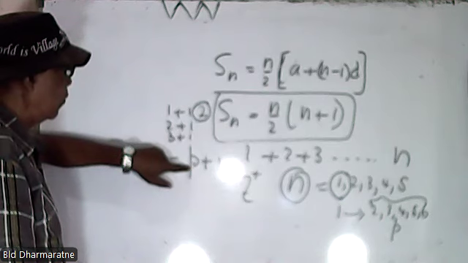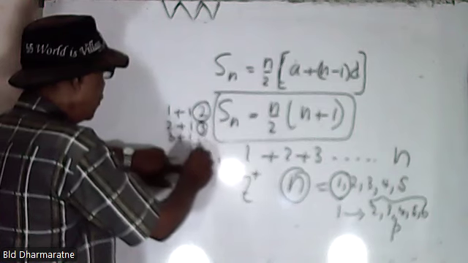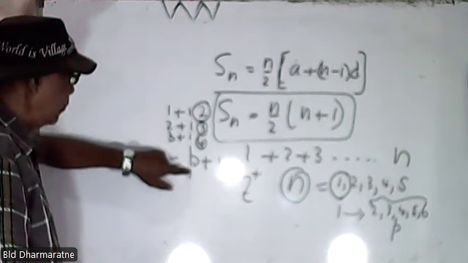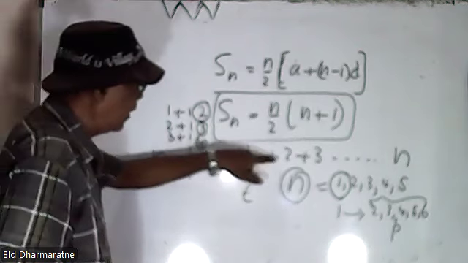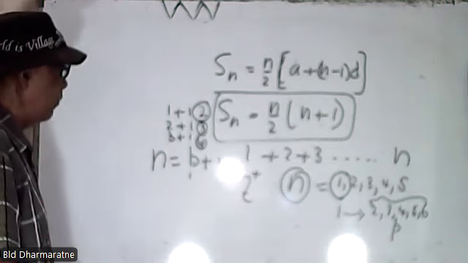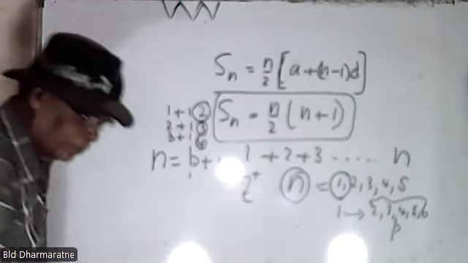Then 3 is also true, 4 is also true. Why? Because this covers all the numbers 1, 2, 3, 4 and more than 1. This is the method of mathematical induction.